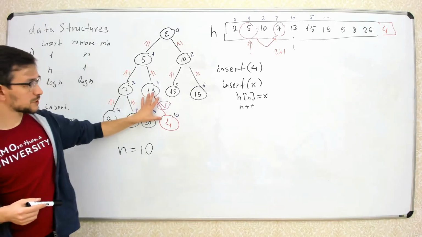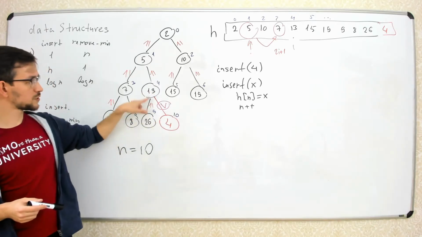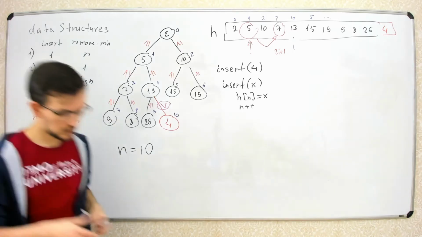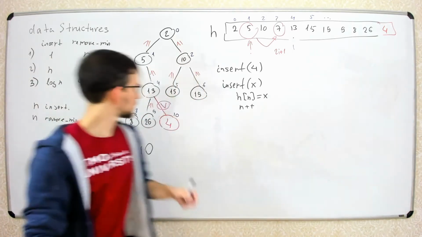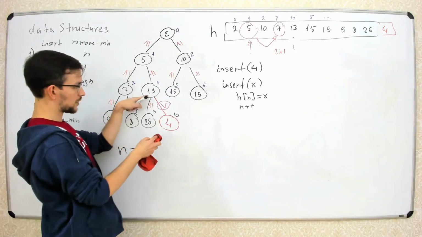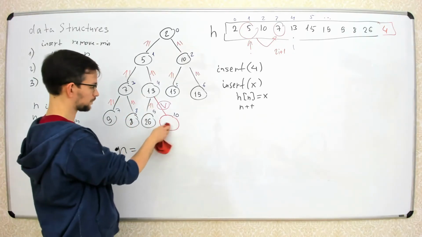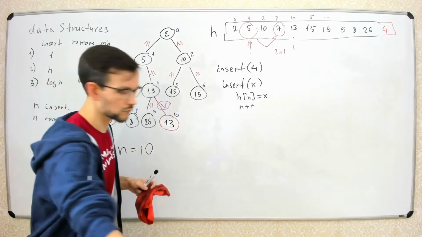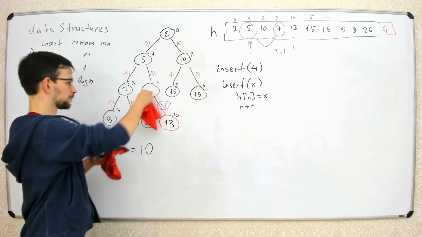How can we fix this property? Very easily. We just swap these two elements. If we swap these two elements, we move this 13 down and move 4 up here.